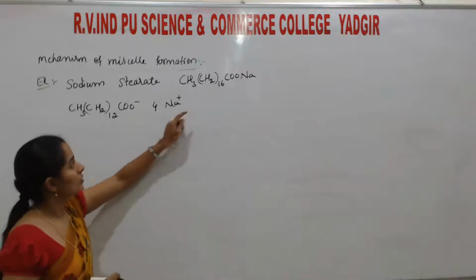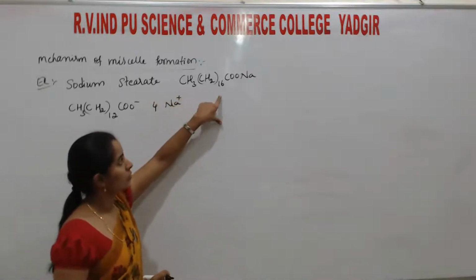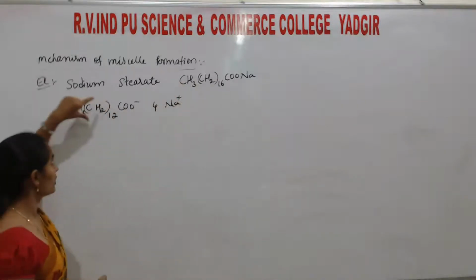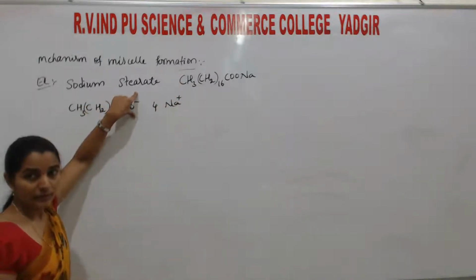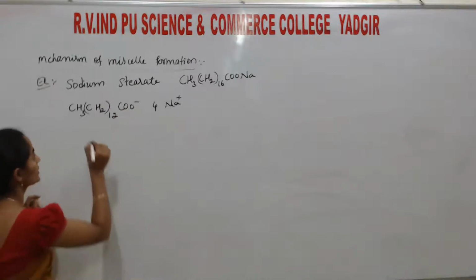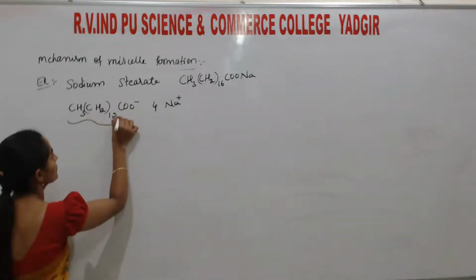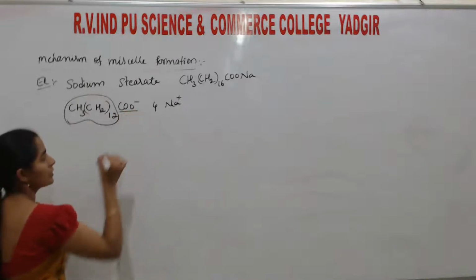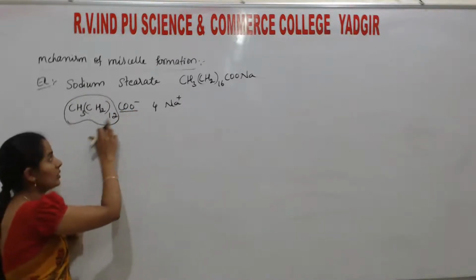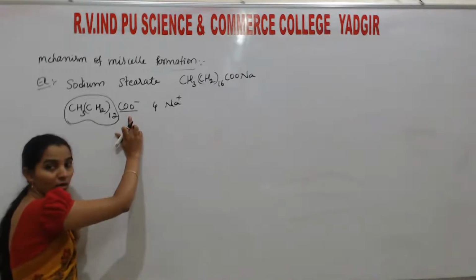So when it is mixed with water, they form ions. This ion has two parts, the ionic part and the long chain part. So it has two parts.